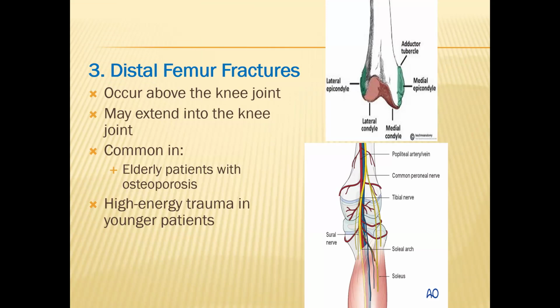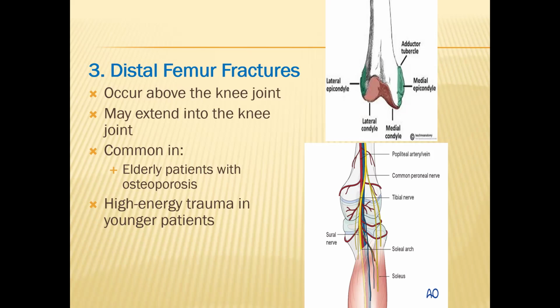The important structures passing behind the distal femur, at the back of the knee, are the popliteal artery and vein, the common peroneal nerve, and the tibial nerve. The popliteal artery is a continuation of the femoral artery, and the common peroneal and tibial nerves are branches of the sciatic nerve.